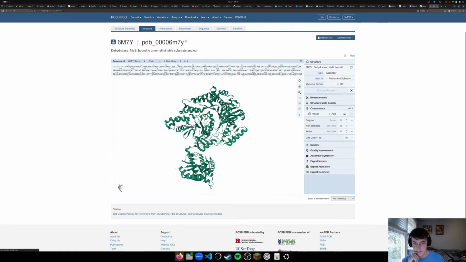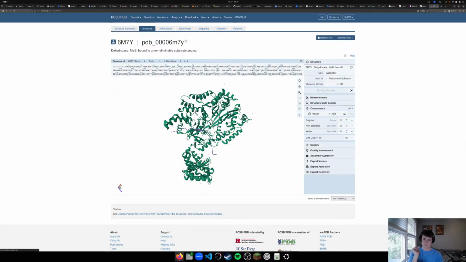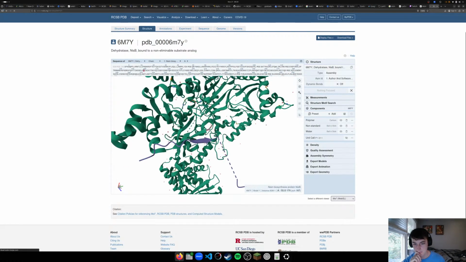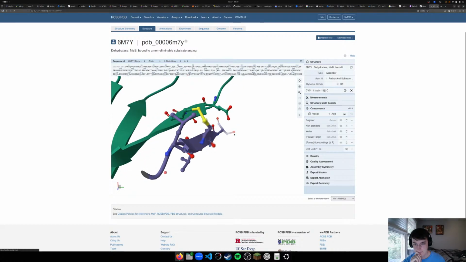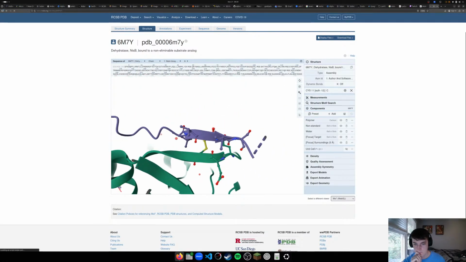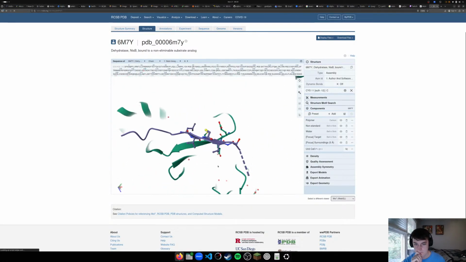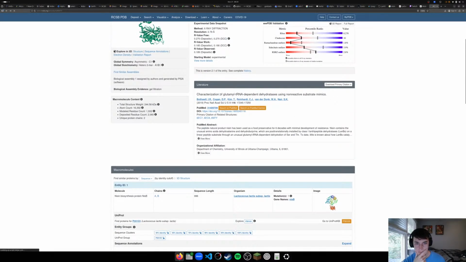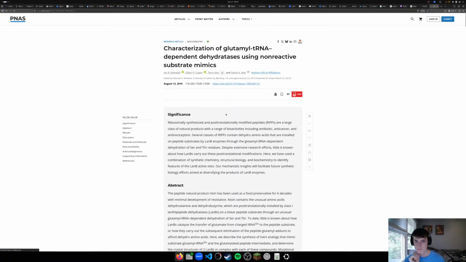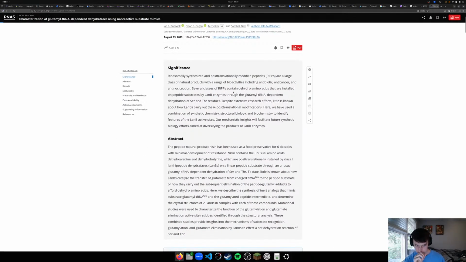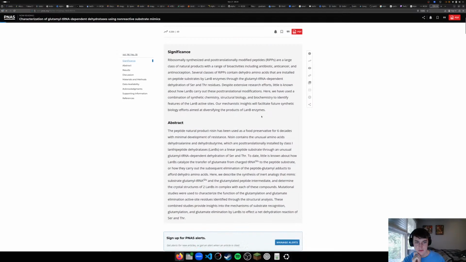What, does it make a thioether linkage? That's something. It's kind of interesting, actually. A large class of natural products. Despite extensive research efforts, little is known.